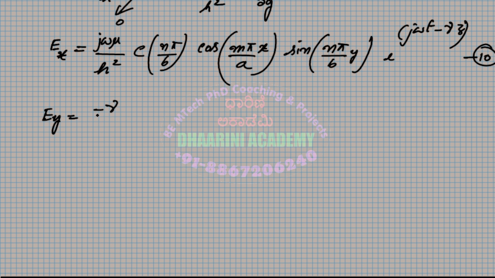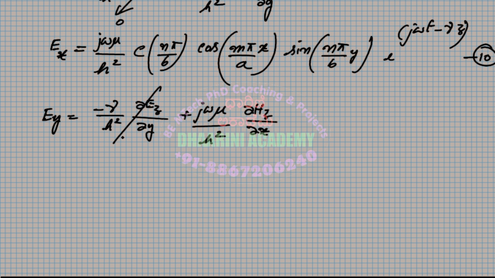I'll simply use it and substitute the values: minus gamma by h square times dou Ez divided by dou y, plus j omega mu divided by h square times dou Hz by dou x. So I put 9 in this equation, and the first term is 0.